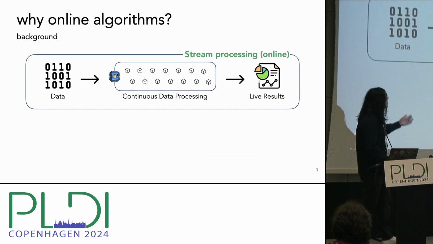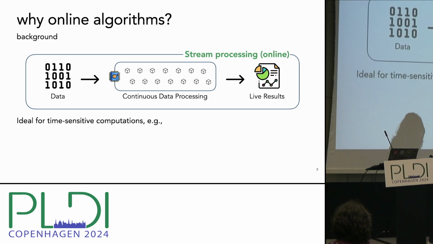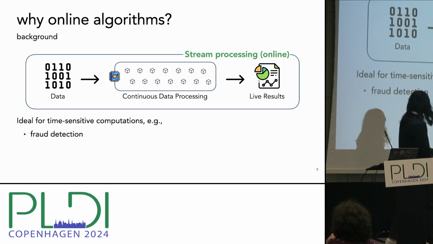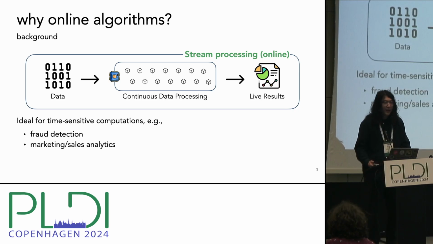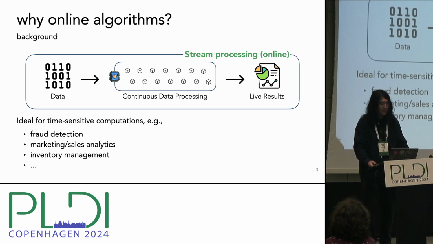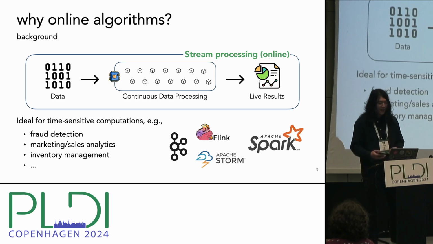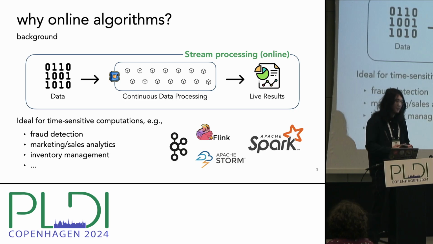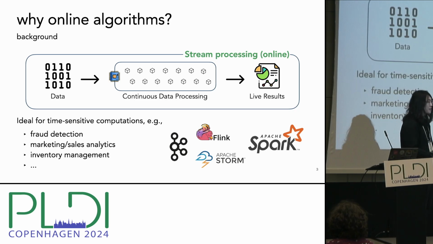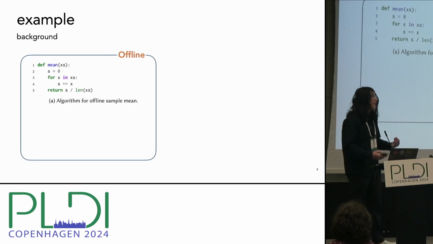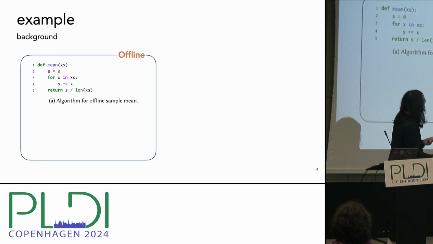So stream processing can be useful in time-sensitive computations, for example fraud detection for financial companies, marketing and sales analytics, and inventory management. We see increasingly popular frameworks adopting stream processing, like Apache Spark, Storm, and Flink.